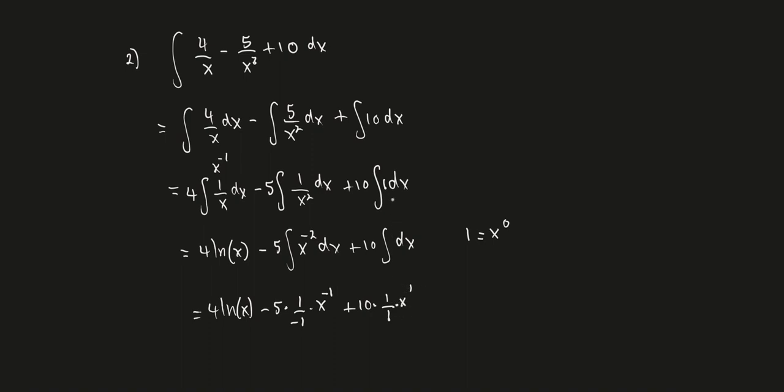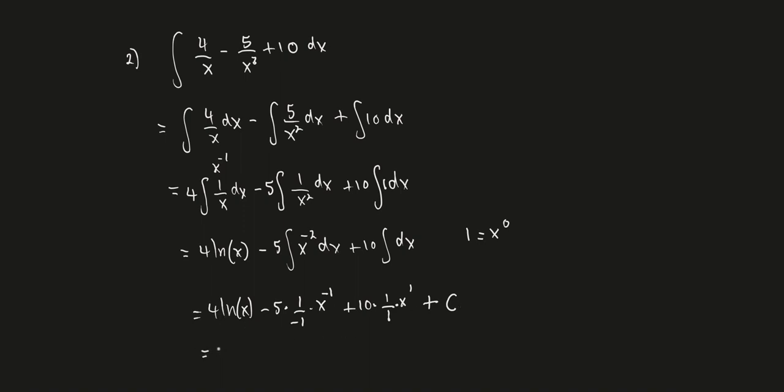So whether you use your knowledge of derivatives and ask yourself what function, when I differentiate it with respect to x, will give me 1, or if you want to express 1 as a power of x and then apply our power rule, it works out the same. And then we can't forget our plus c, so put our plus c there.